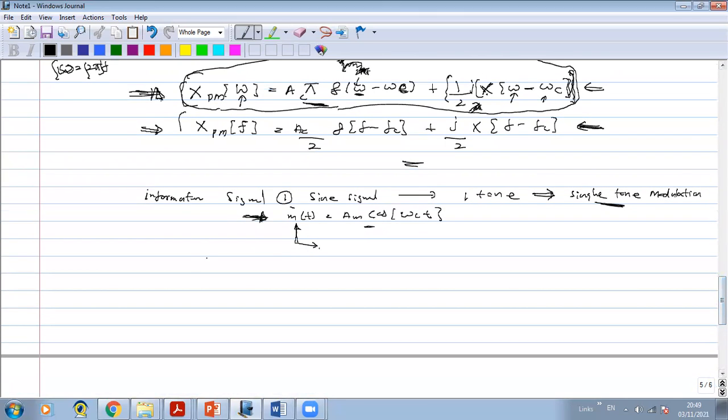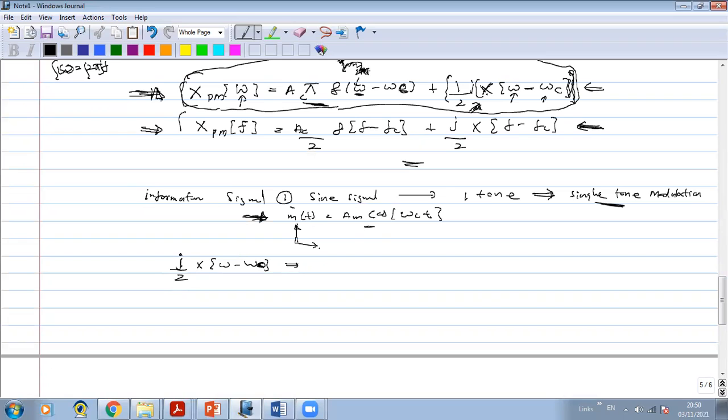You have to evaluate this half j X(omega minus omega_c), which means the Fourier transform of the message signal, and after getting it, it is shifted by omega_c. So you have to find this term.